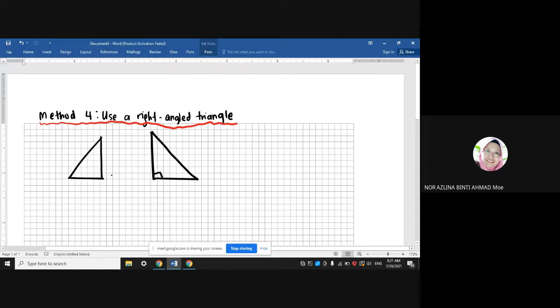Tak kisahlah dia punya position dia ke kanan ke kiri ke.